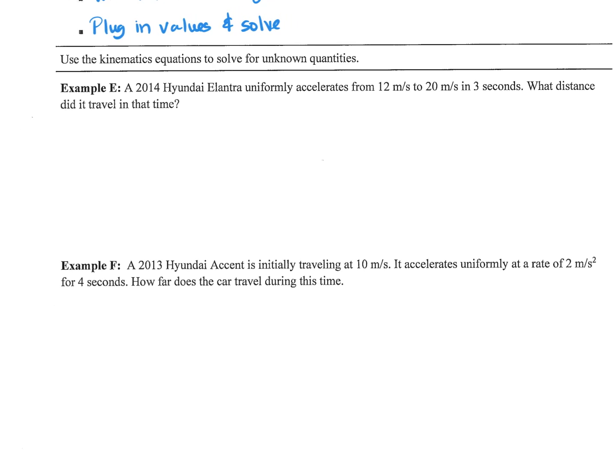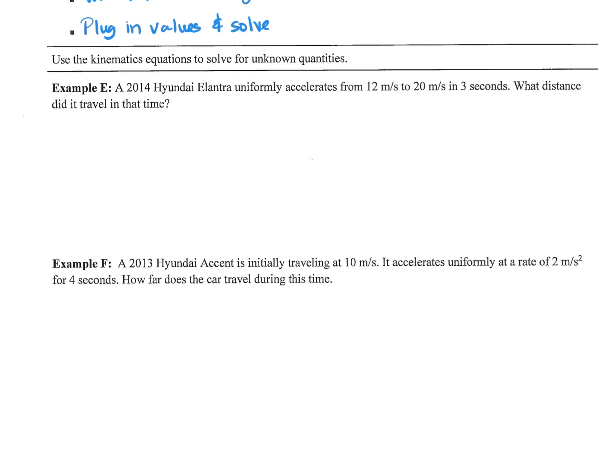A Hyundai Elantra uniformly accelerates from 12 meters per second to 20 meters per second in 3 seconds. What distance did it travel? So let's do step 1. Let's list what we know. What is this telling me? Initial velocity. So v naught is 12 meters per second. What does this tell me? V final.